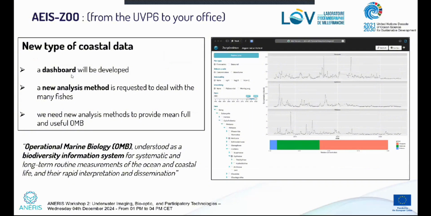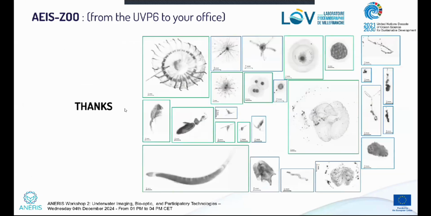And that is the challenge we will face in the coming months of the project: to develop a new, better pipeline to extract the information from the images, and also create a dashboard like this one to allow the public and any interested people to extract meaningful information from the sensors that are connected. And thank you for your attention, and I'm very happy to answer any questions you may have.